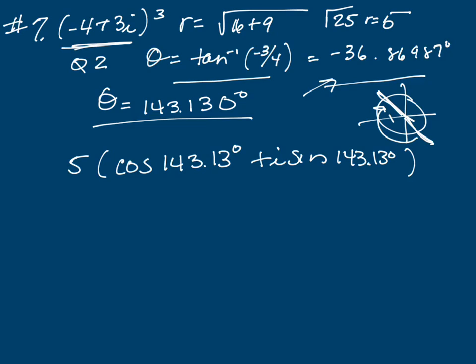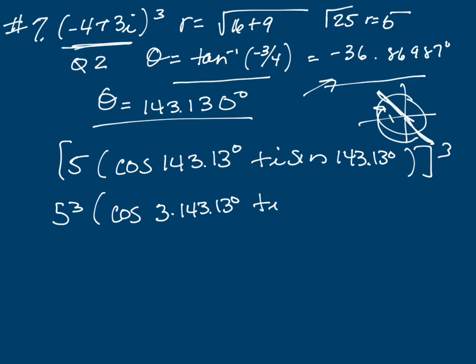Okay, so now using our theorem, we want to raise this all to the third power. So that's 5 to the third, and then cosine of 3 times 143.13 degrees plus i sine of 3 times 143.13 degrees.